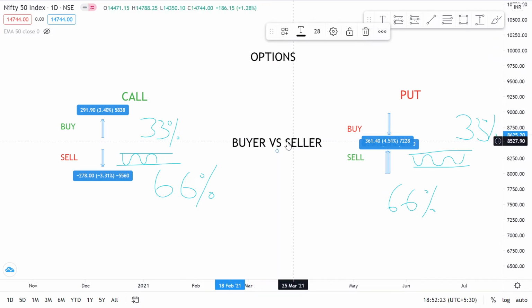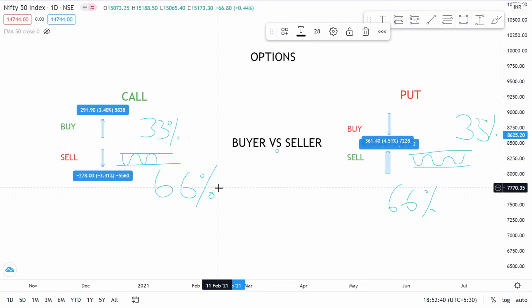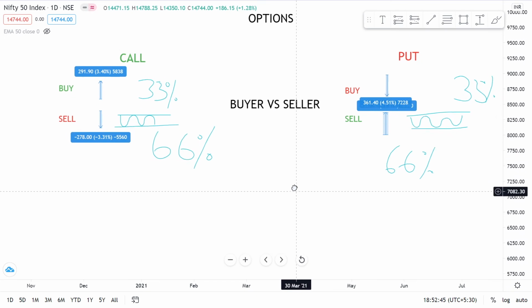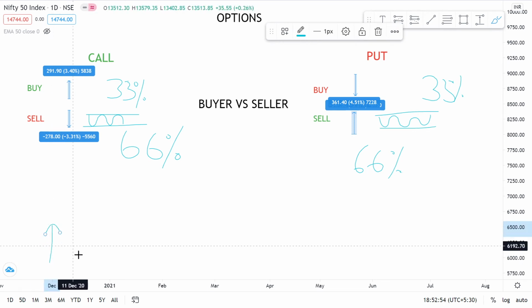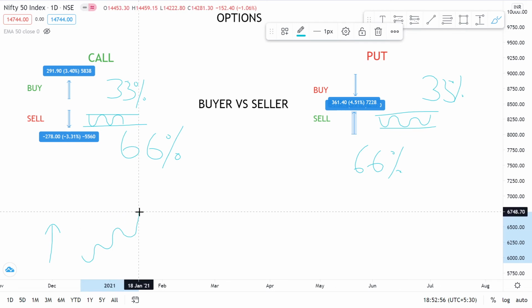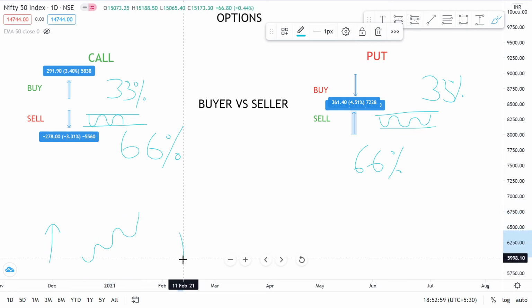Now, then you could think, why doesn't everybody go for selling, because obviously you have a higher probability of winning in option selling? So why doesn't everybody go for option selling only and not buying? The fundamental point you need to understand is, when price moves in your direction, suppose you predict that the market is going to go upwards and the price also follows you and moves up with good momentum, your returns would be very high in option buying.